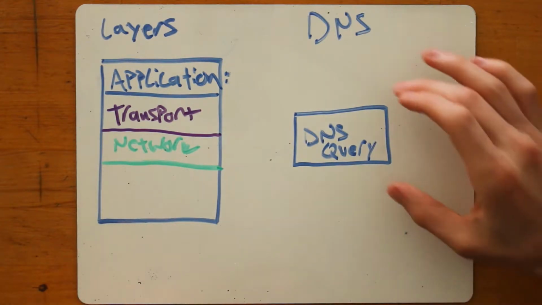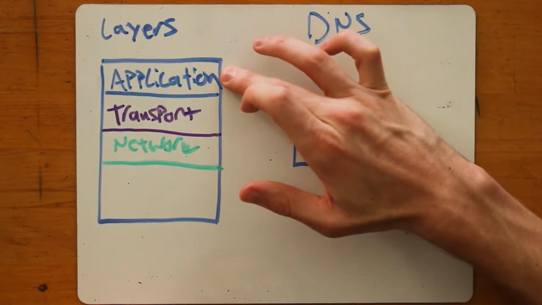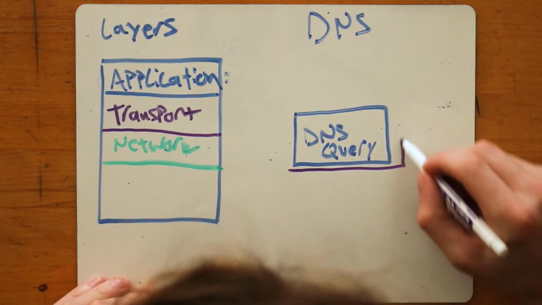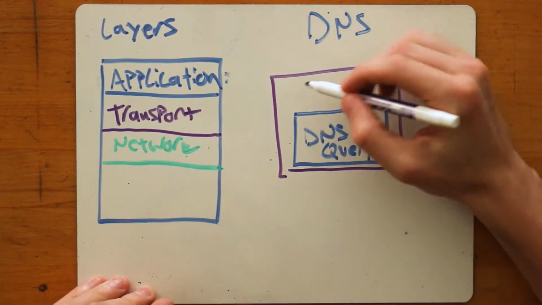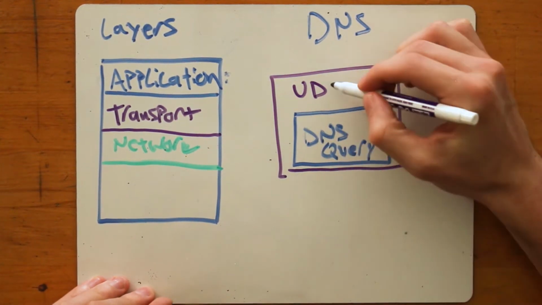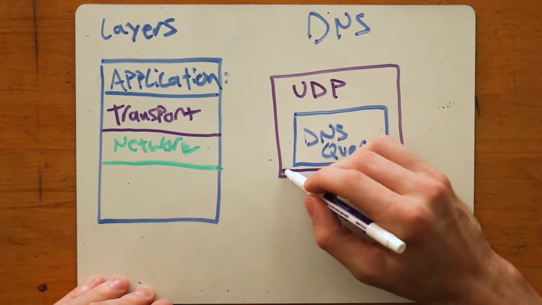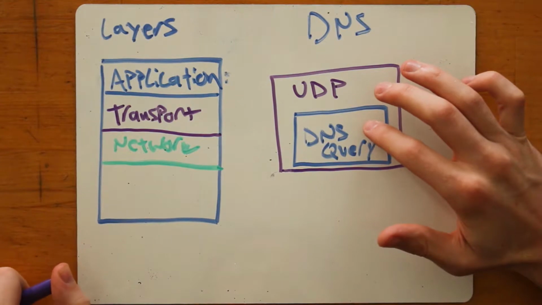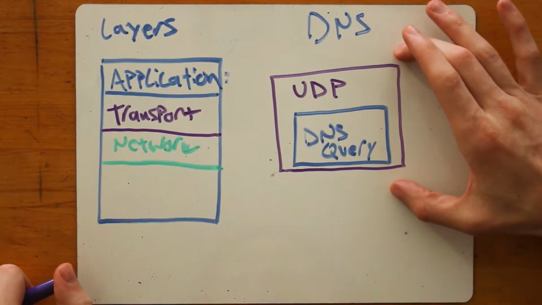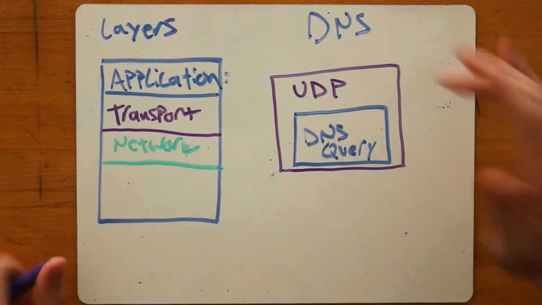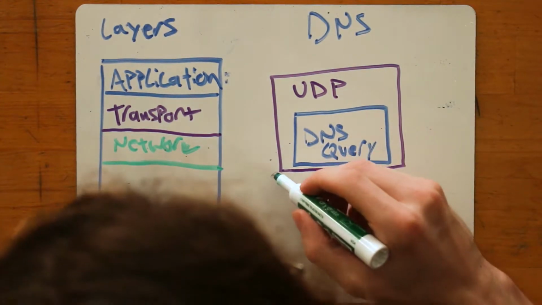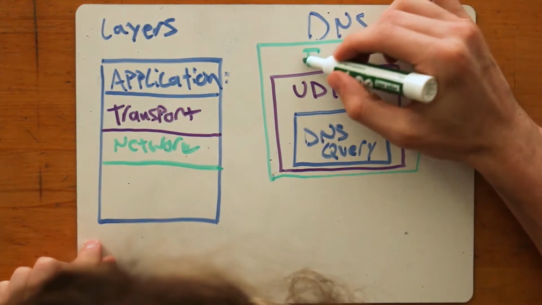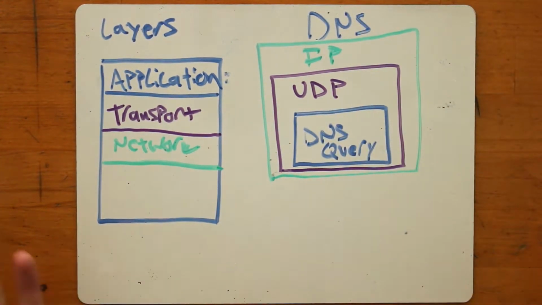Then, once we've done everything that DNS cares about, we take that DNS query and we wrap it in a UDP format. Okay, so this DNS query becomes embedded within a UDP datagram, and the UDP datagram then becomes embedded itself in an IP packet.